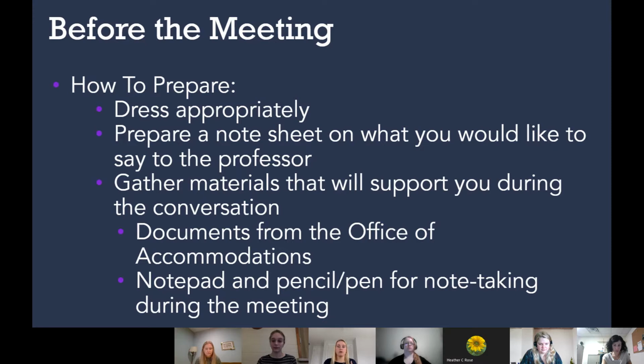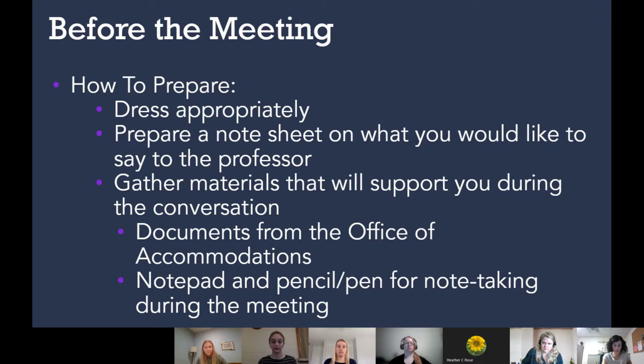This is going to be more of a conversation style. You're going to be doing conversational turn taking with your professor. So something more like a bullet point list of talking points would be more beneficial. This way it allows for natural conversation to flow while still allowing you to hit all of those points that you would like to discuss throughout the meeting.